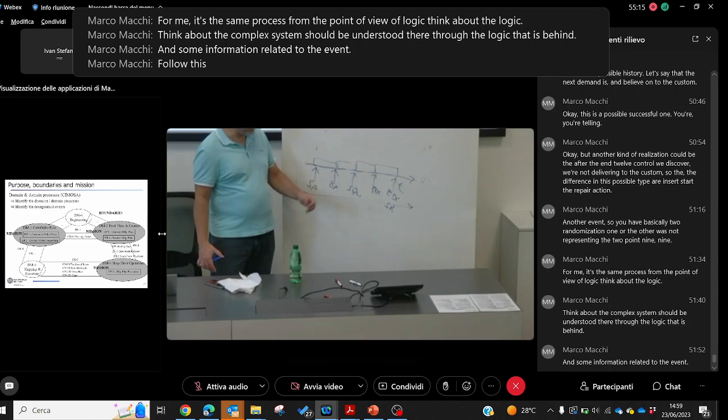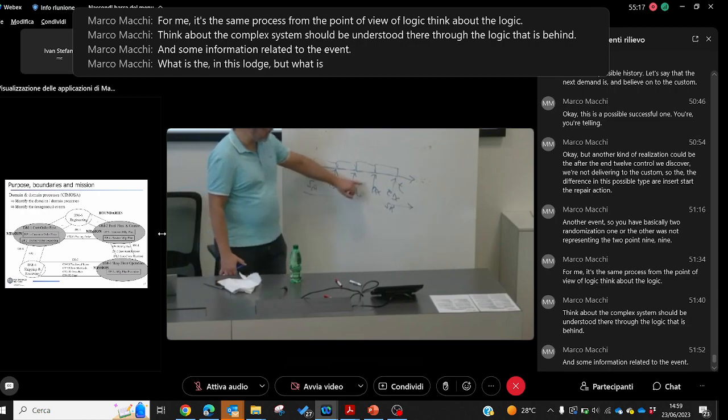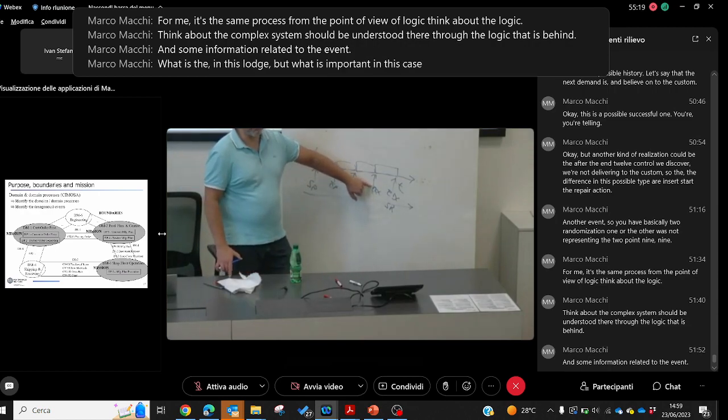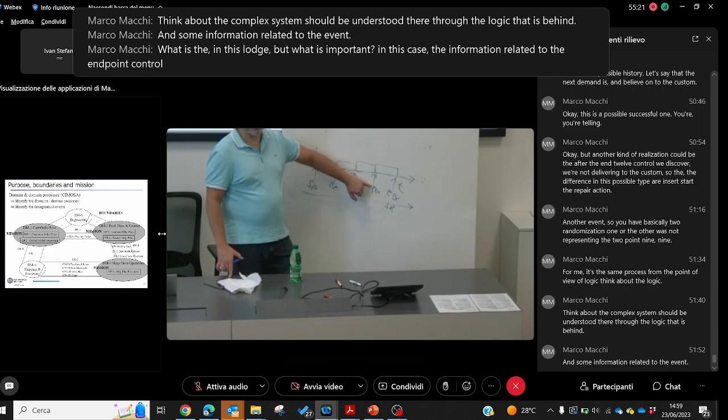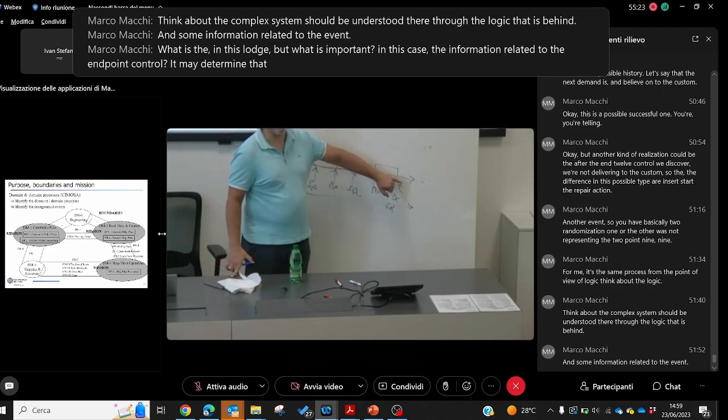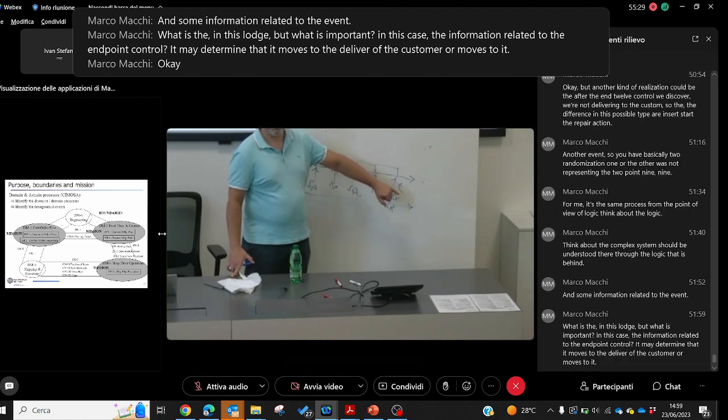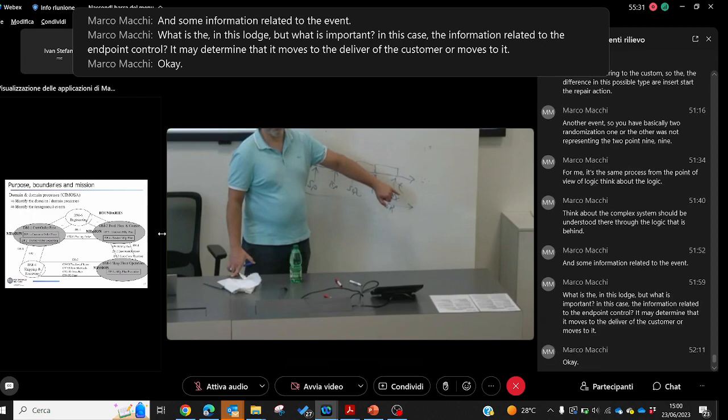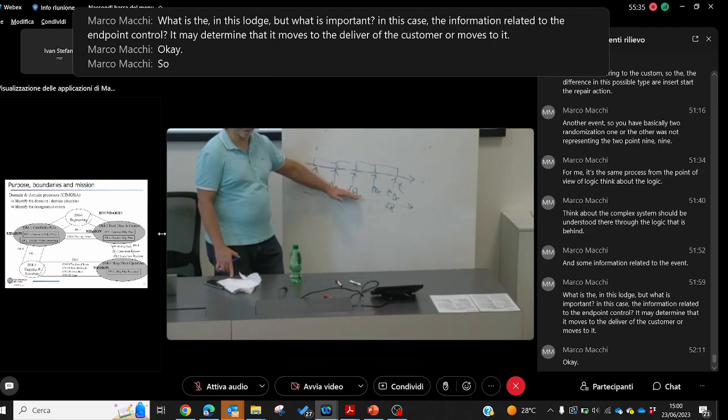What is important in this case? The information related to the end quality control. It may determine that it moves to the delivery to the customer or moves to a repair. So two realizations of the same process.